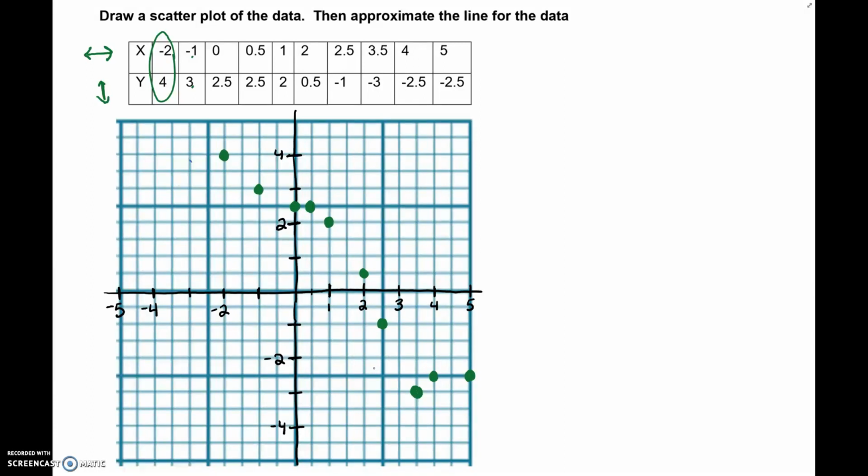So again, don't try to hit a data point, but also don't avoid a data point. So I just drew this in, and if I count, I've got 1, 2, 3, 4, 5 points below the line, and 1, 2, 3, 4, about 5 points above the line.